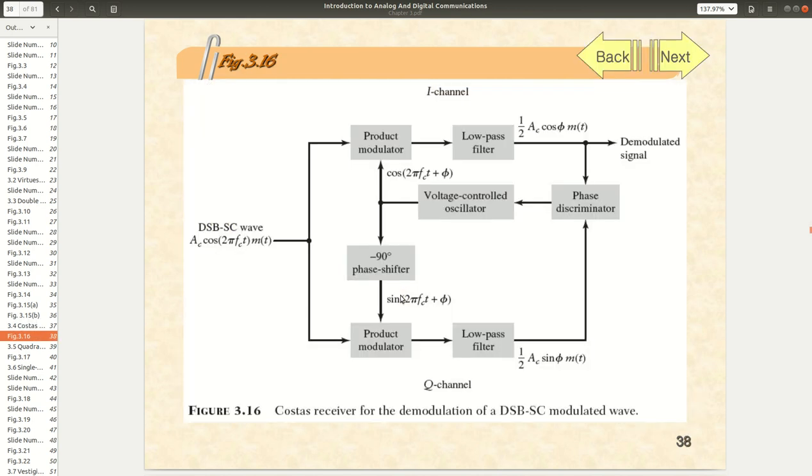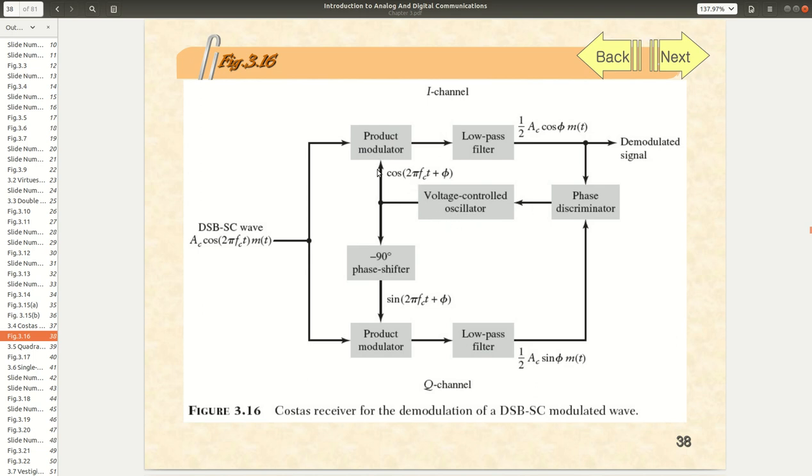So let's see here. This is the Costas receiver for the demodulation of the double sideband suppressed carrier. We have a signal AC cosine 2 pi fct multiplied by m of t. You take it as in coherent detection, multiplied by the voltage controlled oscillator.